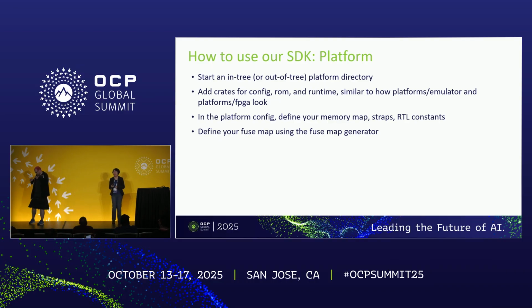Let's take a closer look at how to use our SDK and how to port this SDK to a different platform. We can start from an in-tree or out-of-tree platform directory. In our current MCU software repo, we have the porting to the emulator platform and FPGA platform.